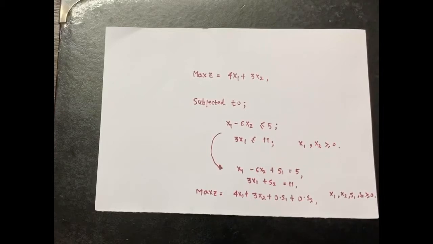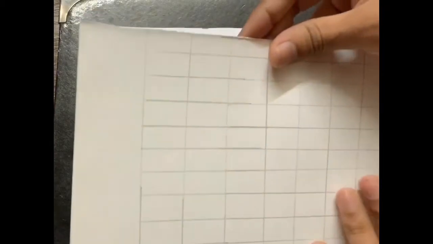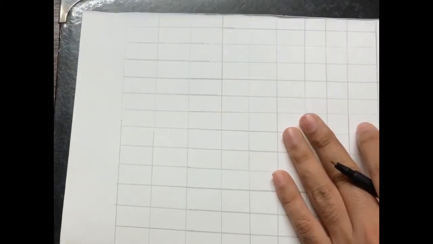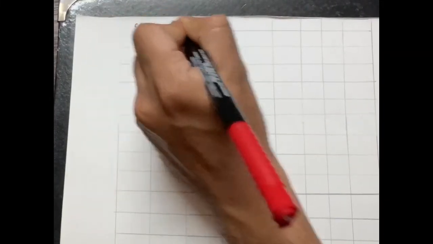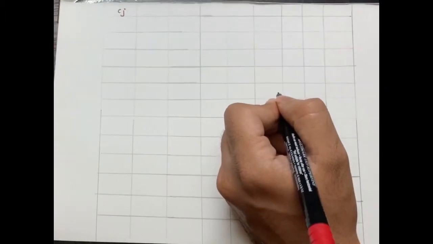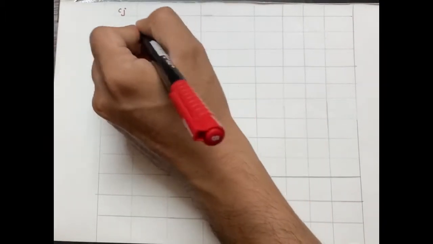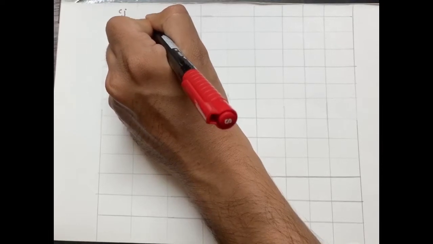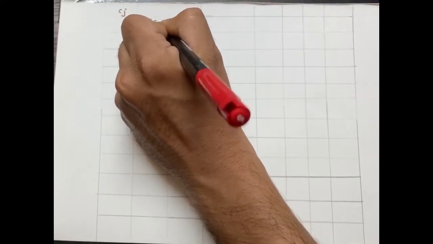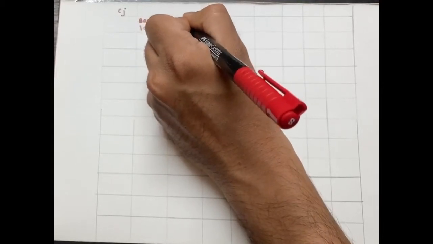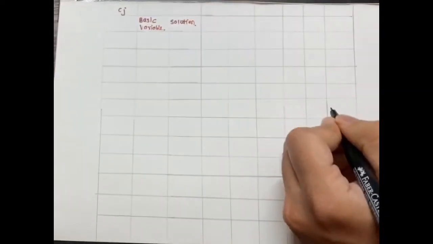Now if I plot all these values in the simplex table, we know that the very first column is for our Cj variable. Next I have my basic variables, and the next column is for my solution.